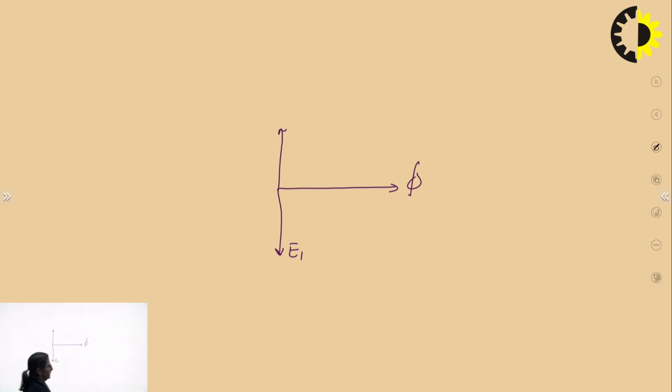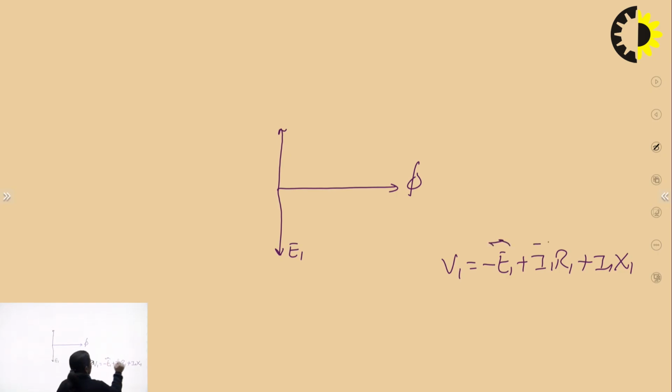The relationship between V1 and E1 is V1 is equals to minus of E1 plus I1 R1 plus I1 X1, right? The phasor addition. So, I am having minus of E1 now.